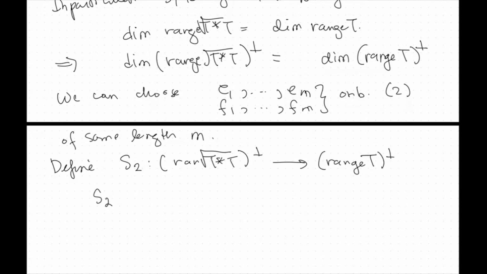So here, for all W in the range of the square root of T star T complement, we have the norm of S2 W is just the norm of W, by 6.25 on inner product.